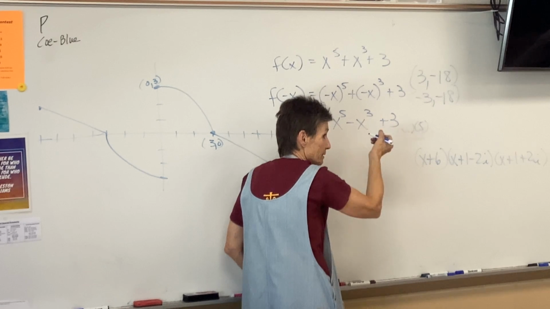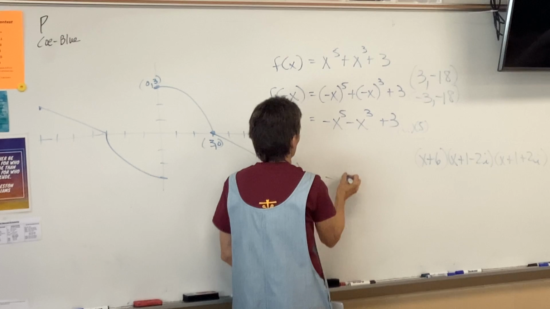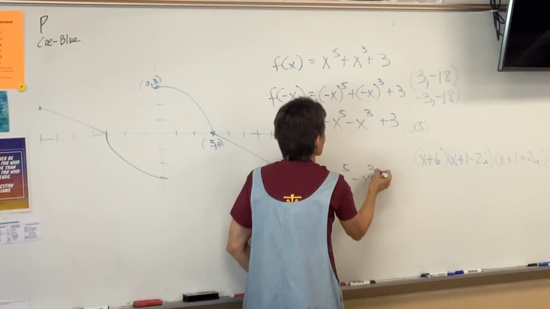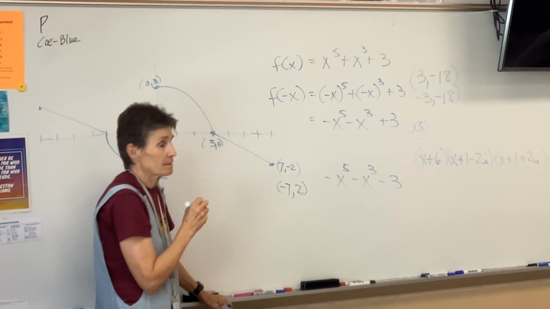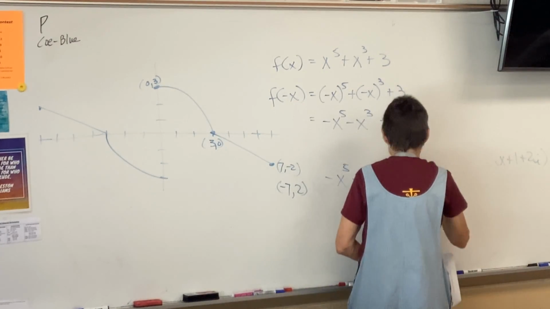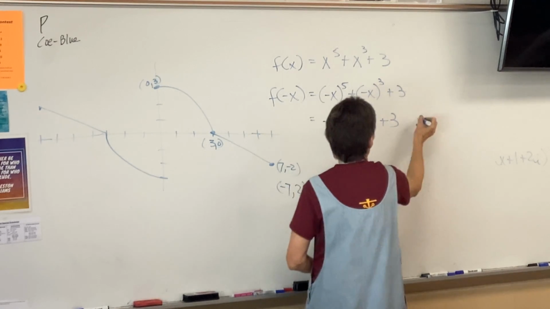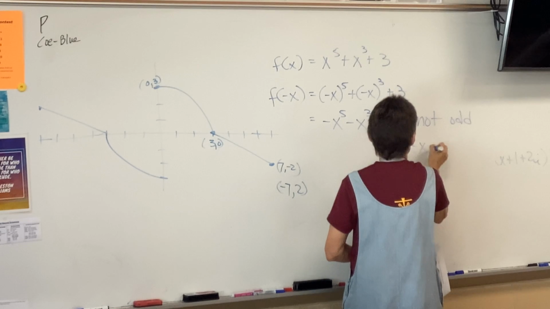I don't think I'm odd. Because if I'm odd, I should come up with the exact opposite. And I didn't. So I'm just going to put a little notation over here, not odd. Because it's not this.